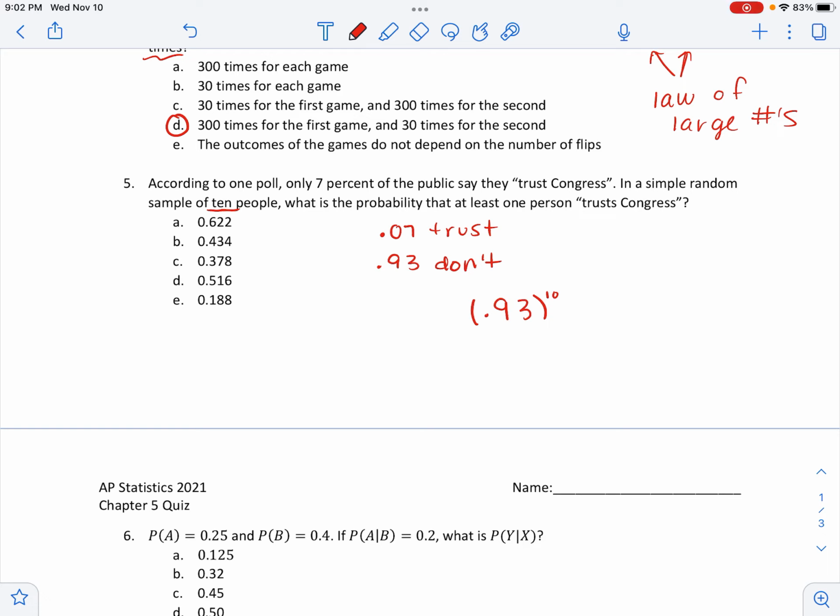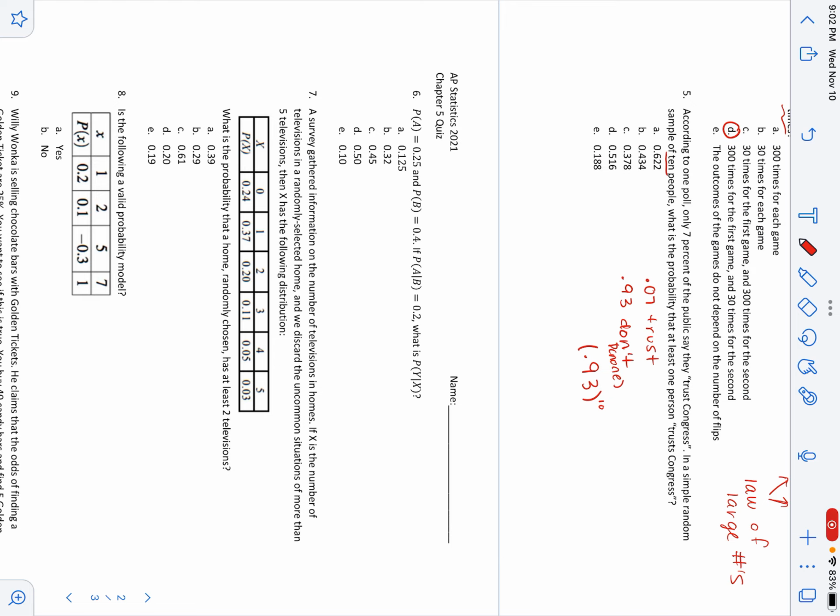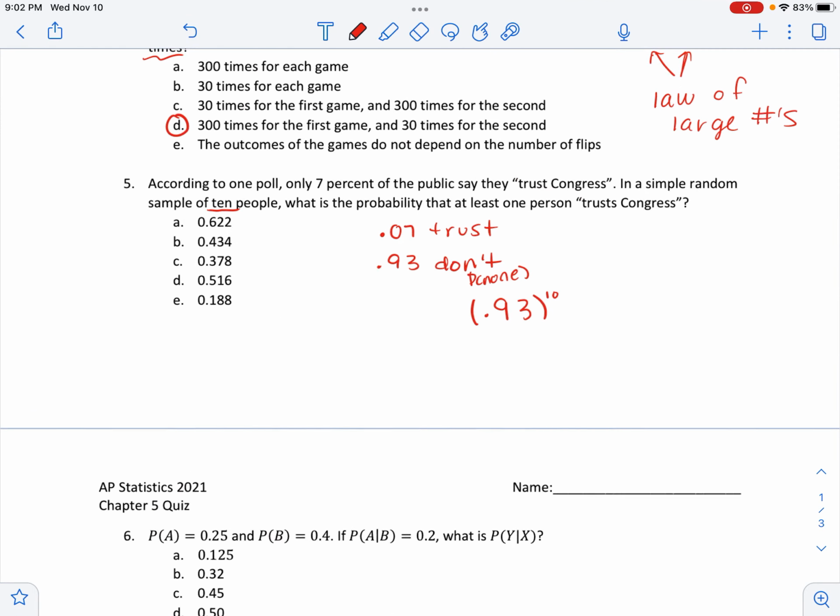So that is the probability of none. And in order to actually get the probability of at least one, right, we want the complement of this. So I do 1 minus that.